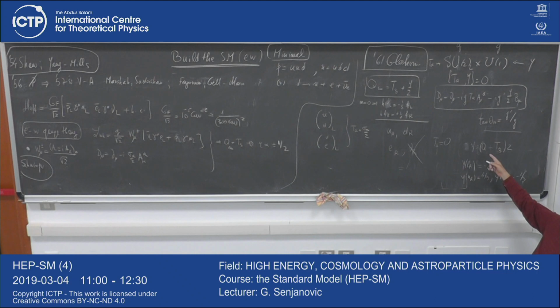You substitute Q is 2/3, T3 is 1/2, and then you, well. But you can also notice that, well, can you do that while I am patiently waiting, or can you tell me what is the hypercharge of the up?